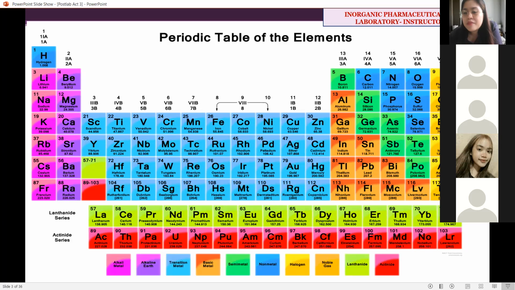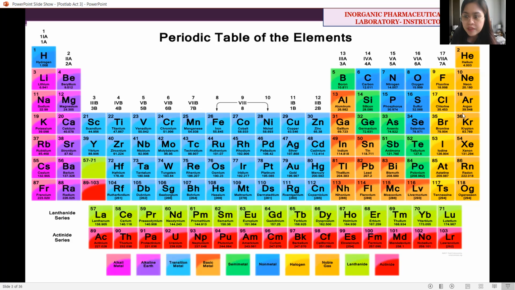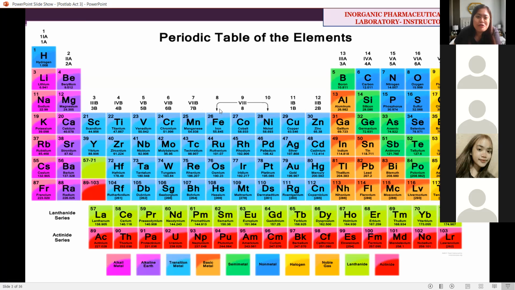We have nihonium, flerovium, moscovium, livermorium, tennessine, and oganesson. Again, the old version has no names there; those elements had not been discovered yet when that version was made.